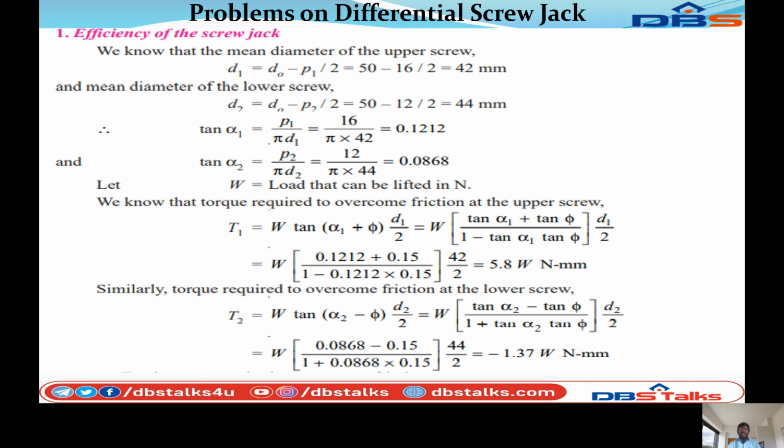Next we calculate the efficiency of the screw jack. First we calculate the mean diameter of the upper screw.